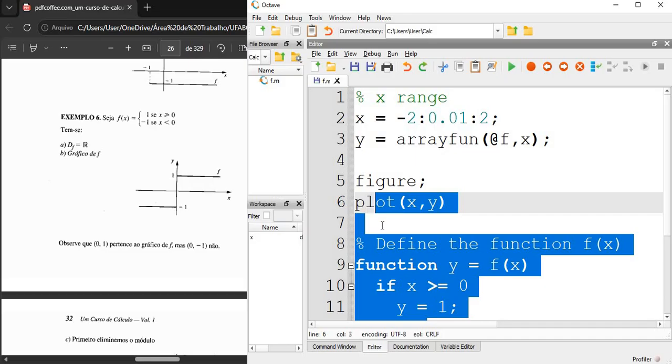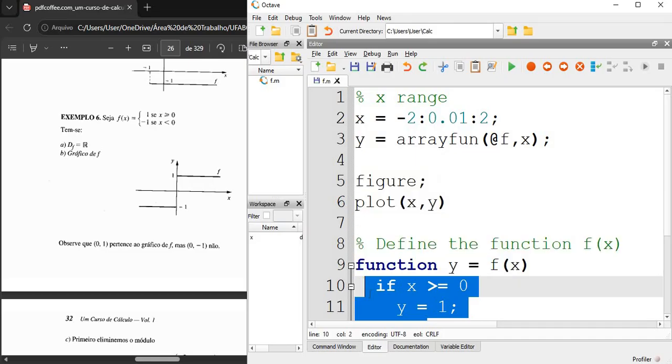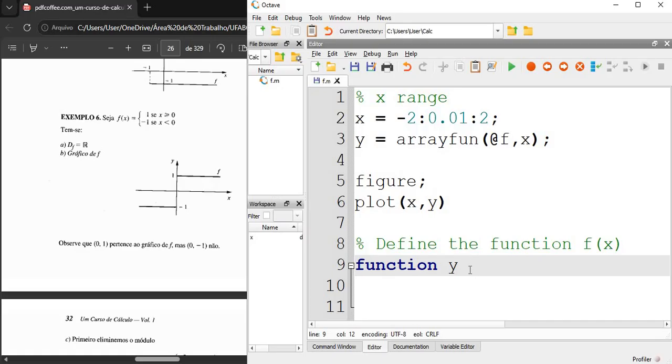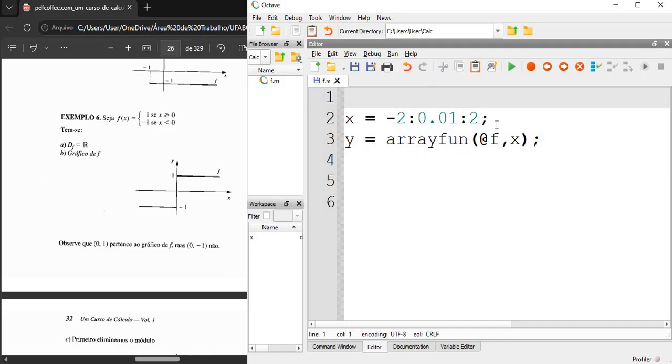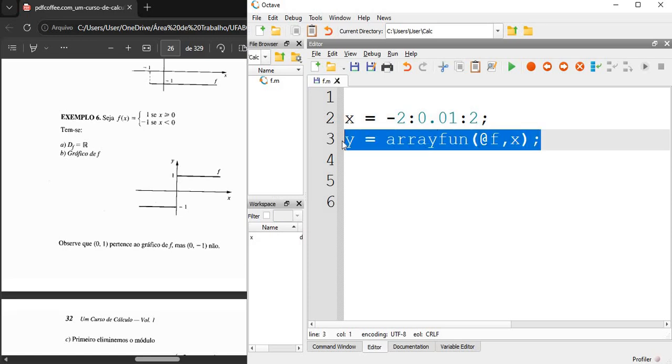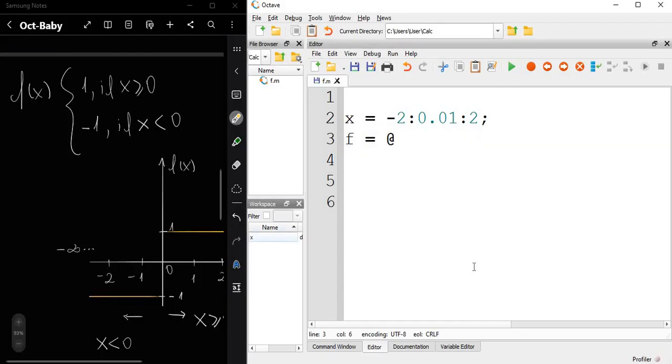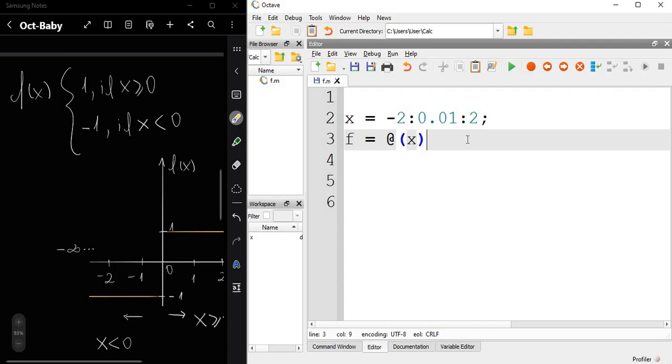Okay, so let's try something different. Instead of using this way, let's build a function differently. Let's start from the beginning. Let's say that it is a function, and now we need to use this operator, and between parentheses the x, because it is a function of x.